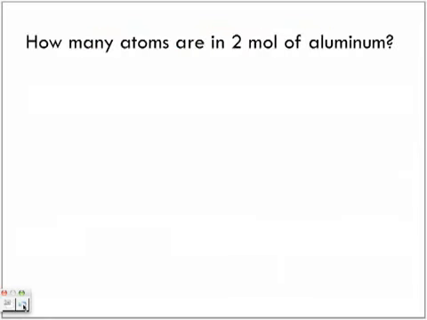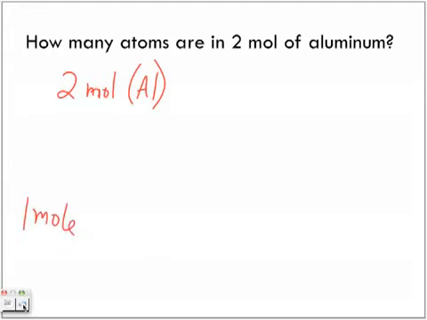So, how many atoms are in 2 moles of aluminum? We know that we have 2 moles of aluminum. We know that 1 mole has how many atoms? 6.02 times 10 to the power of 23.